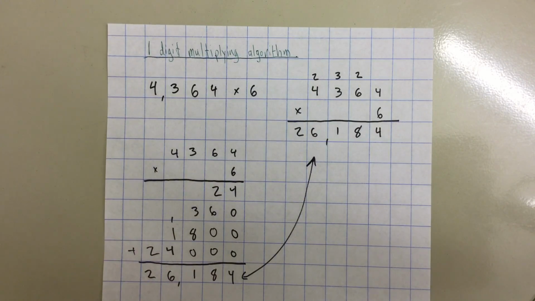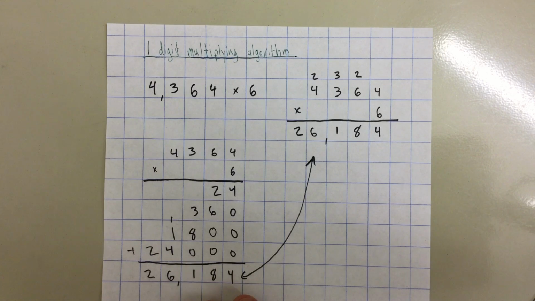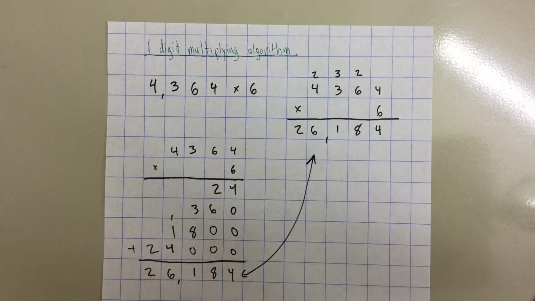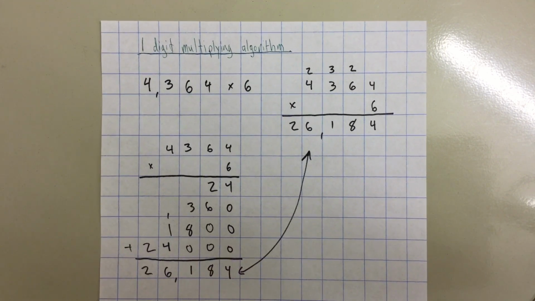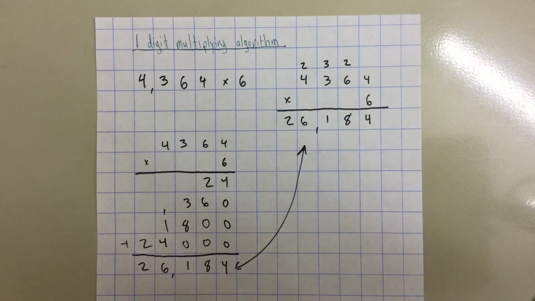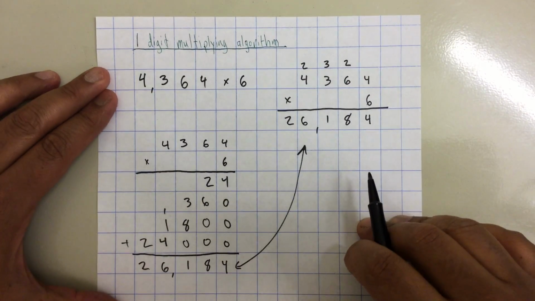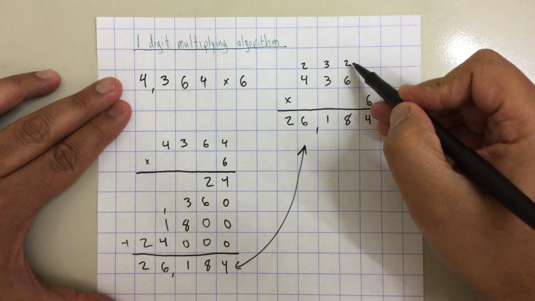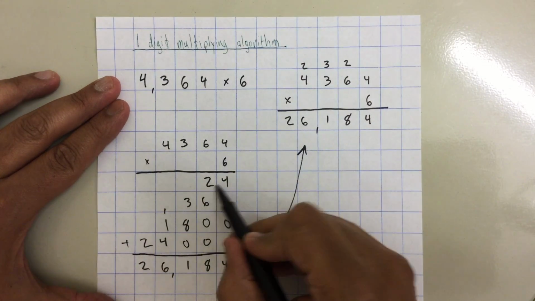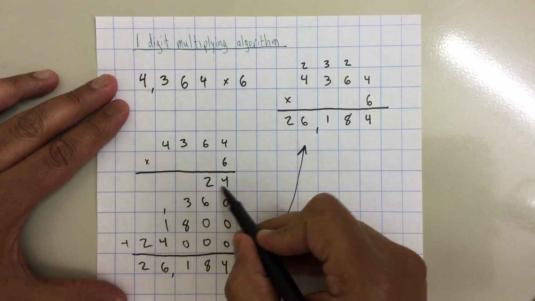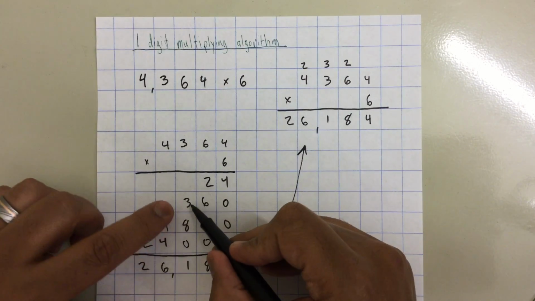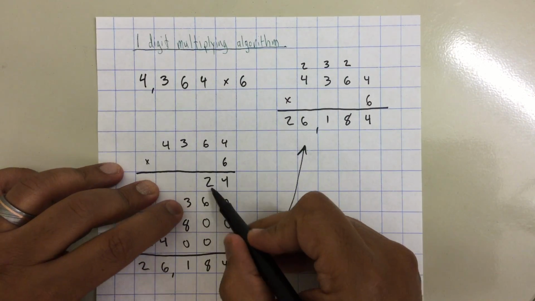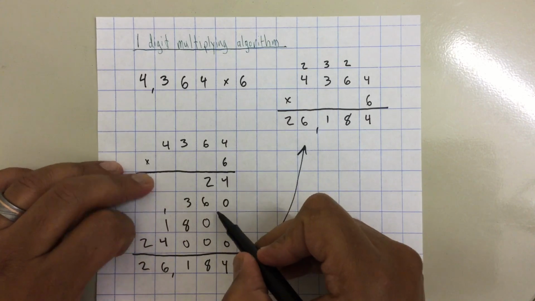Now, as an adult, we'd say, why would we do this? We wouldn't. We would not do this method if we wanted to just get done. We're doing it with the kids so that they can see, when we regroup, it's a shortcut for writing out this 24. This 24 would be in the way when I get to my 360, because this 6 and this 2 would occupy the same space.